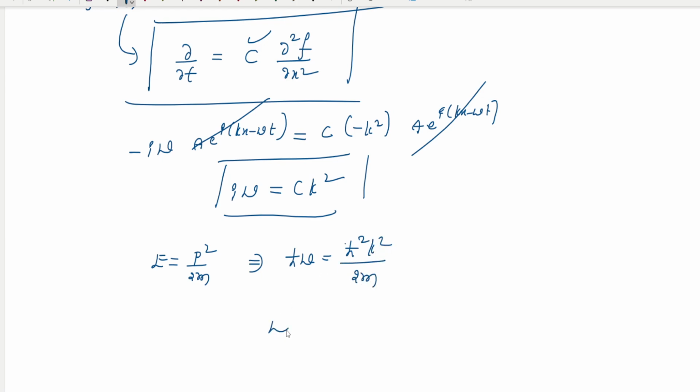Then we can get omega equal to h cross k square divided by 2m.